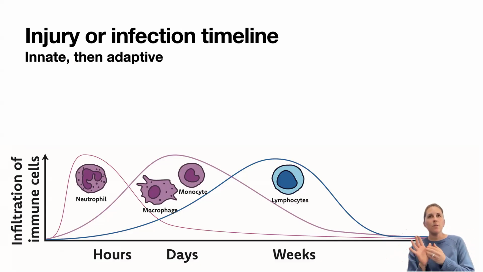And so if you end up getting a cut, what you'll see is that over time, it's going to start feeling worse, not better, right? And so even a little paper cut initially isn't going to feel really bad, but over time, as it swells and you get more and more water in there, it's going to hurt. And that water that's coming in is also coming in because of all the cells that are coming in.